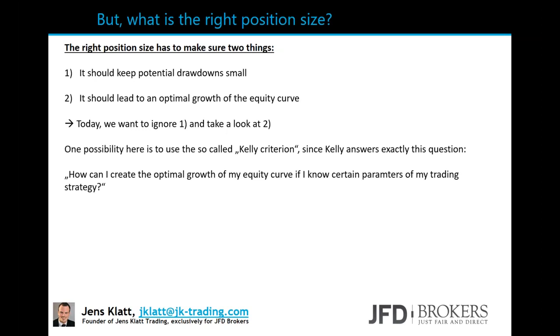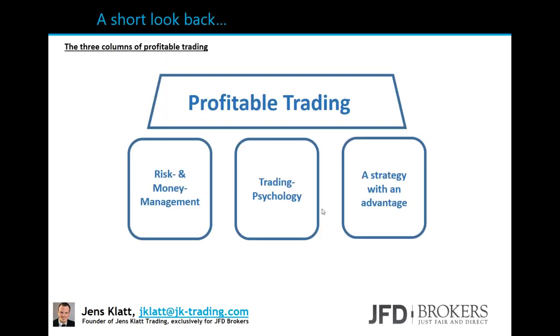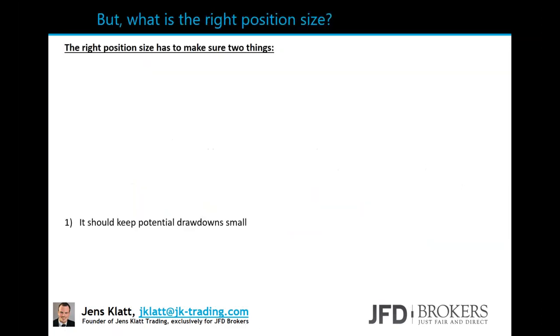And this is in fact crucial, where you can see that this makes perfect sense also in terms of this graphic here, since we are not just talking about risk and money management and trading psychology, but also about having a strategy with an advantage which we try to optimize in terms of capital growth.